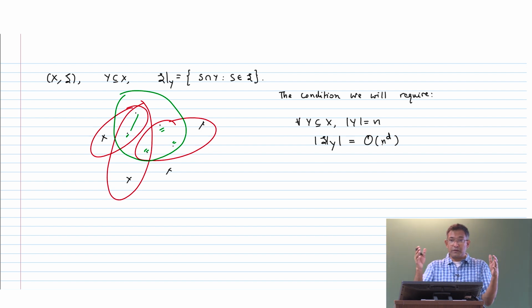So if you look at a set of n points, the number of possible subsets you can generate is 2 to the n, all possible subsets. But what we are saying is that if you look at any subset of points, the set system is restricted in the sense that the number of possible subsets you can create is only n to the d, a polynomial, much smaller than exponential. And this will turn out to be the crucial property required to construct an epsilon net.